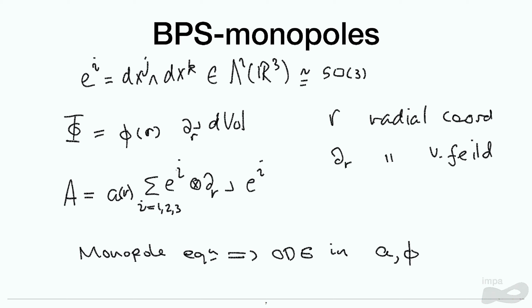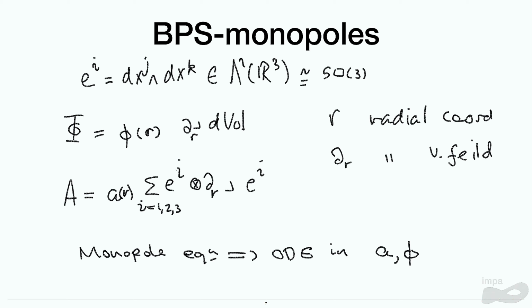I'm going to think about an SO3 bundle, or SU2 bundle, if you prefer simply connected. And I'm going to write down a Higgs field and a connection which are invariant under the action of SO3 or SU2 on R3. Okay?